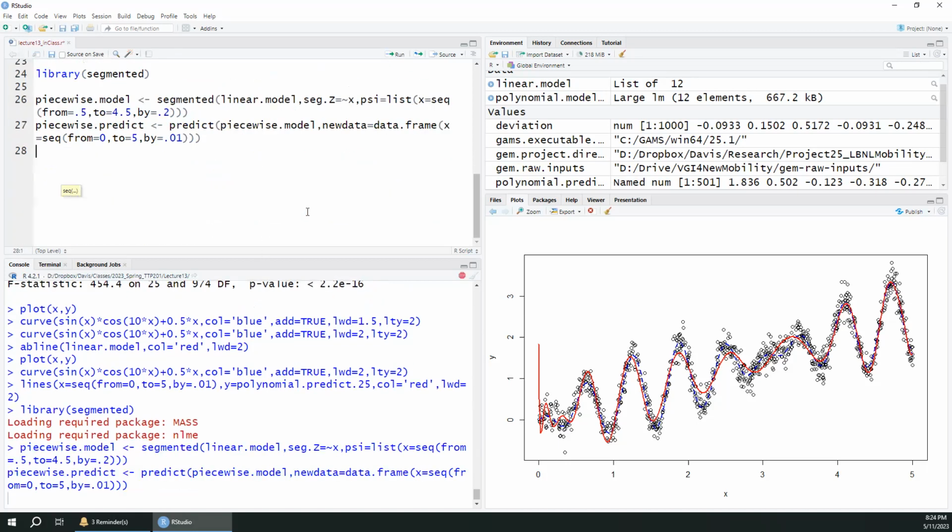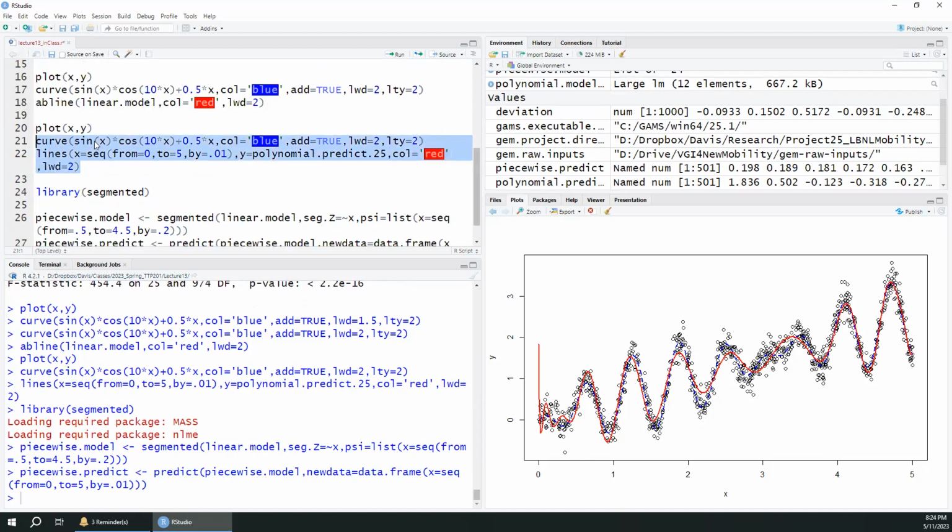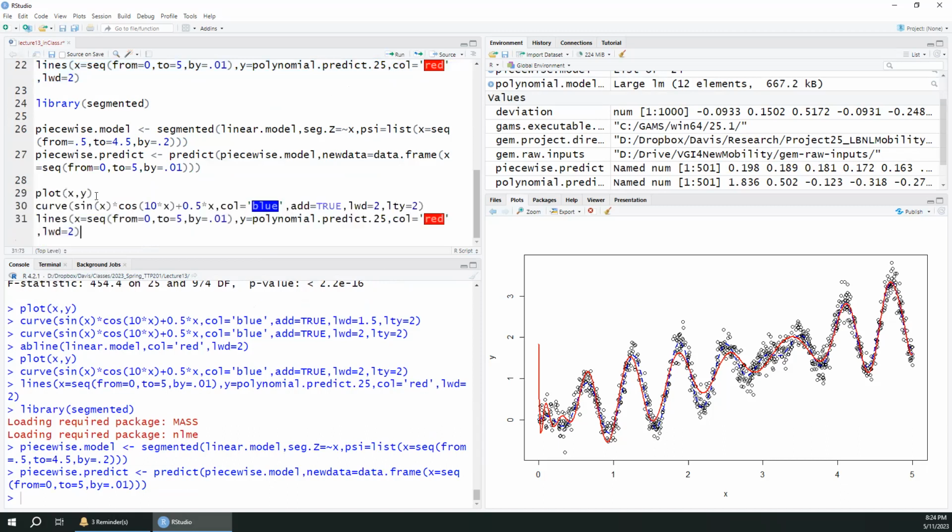All right, so I run both of those. And let's copy and paste our plot here, where we have our true line, which is essentially what we are trying to calibrate to. I'm going to replace my Y with my new predict.